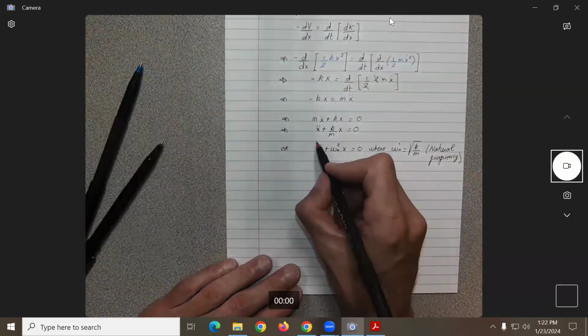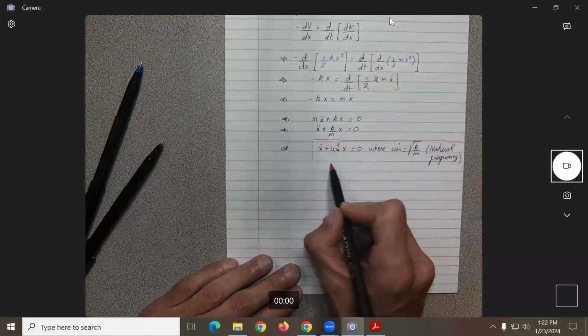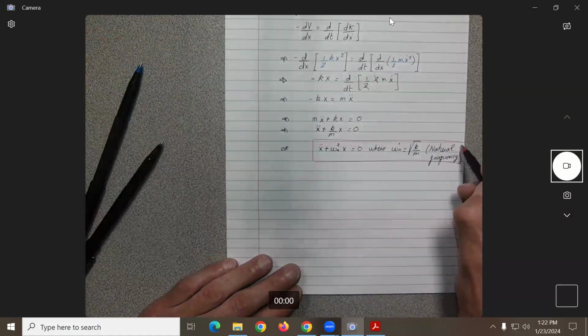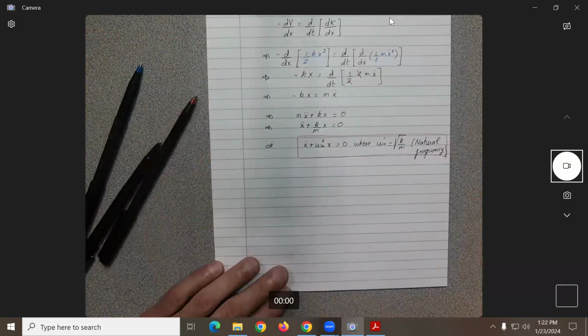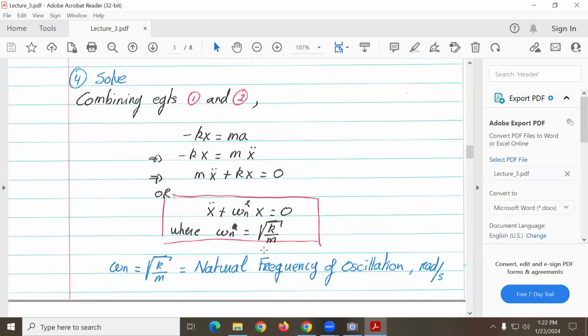The natural frequency. Okay, and obviously this equation is identical to this one, no?